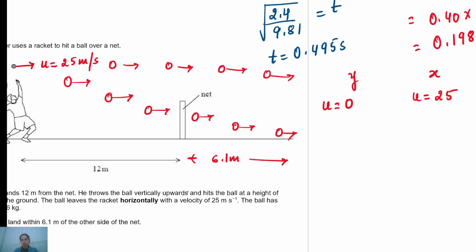What's the acceleration in x direction? Does the ball have an engine inside? No, there's no air resistance, no force, 0. Displacement in x direction is 2.5, isn't it? S is 2.5. And then here, we have to see how much distance it travels in the time that it comes down.